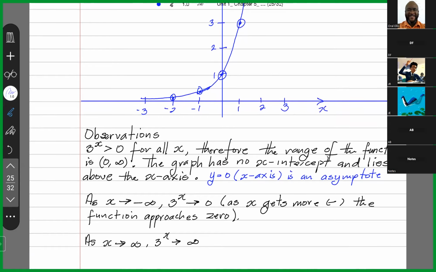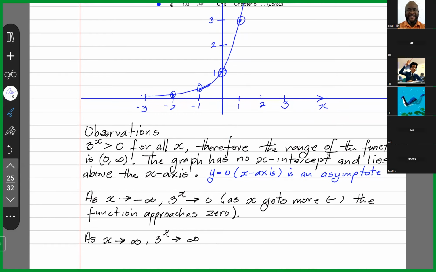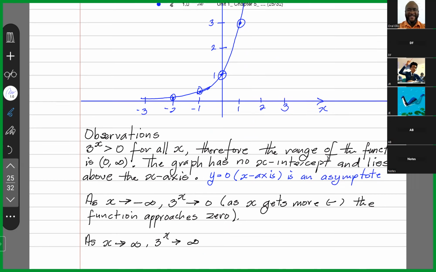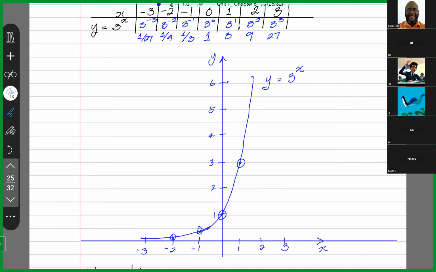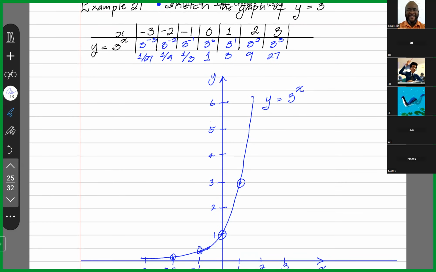All right, here are some observations from what we just drew. One observation is that 3 raised to the power x is always greater than 0, for all values of x. If something is greater than 0, it means that it's never negative.